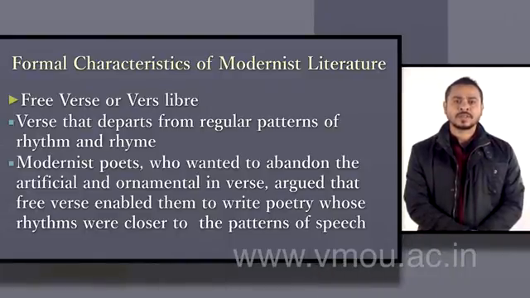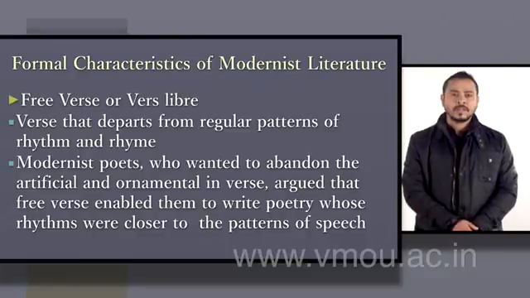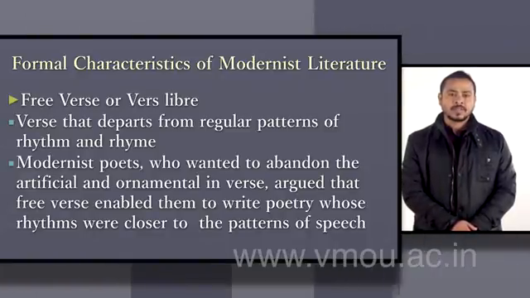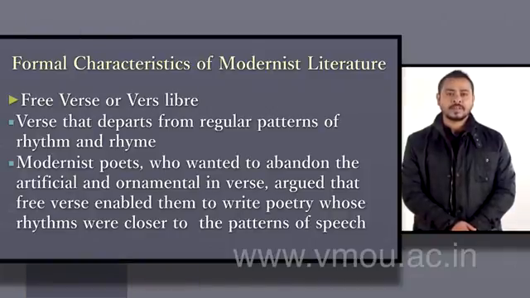The modernist poets who wanted to abandon the artificial and ornamental in verse argued that free verse enabled them to write poetry whose rhythms were closer to the patterns of speech. In the field of the novel, the stream of consciousness technique was adopted, a technique earlier coined by William James in his book Principles of Psychology.